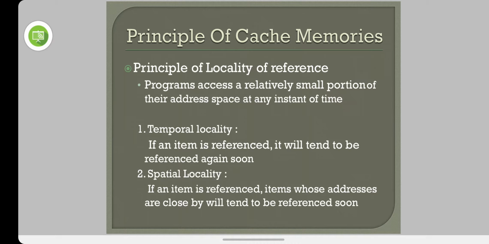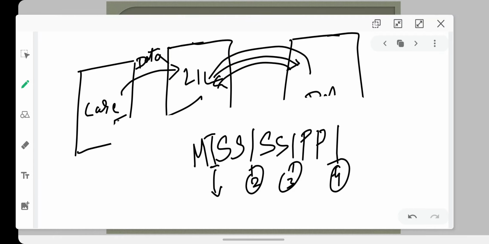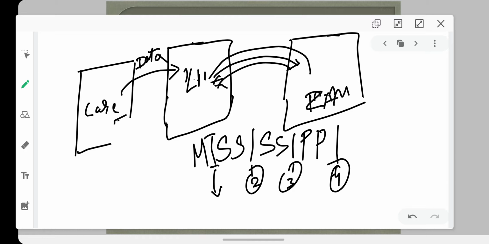Coming to the spatial locality, let's consider the same example. Whatever data is required by the processor is brought from the RAM to the L1 cache. Along with that particular data, consider the data is somewhere here. While getting this particular data, we are also getting the data that is around it as well.